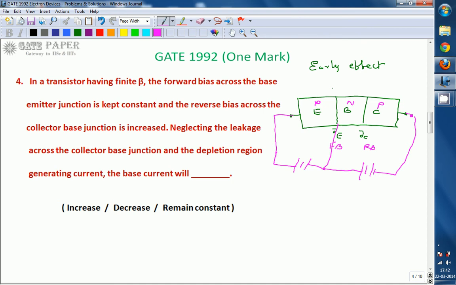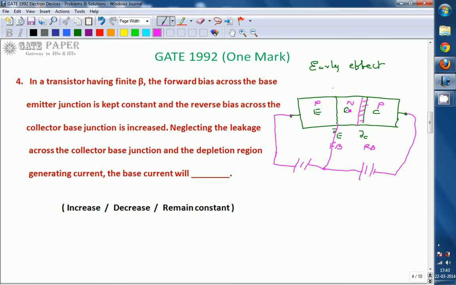If you look at the reverse biased collector base junction, the collector doping is very large compared to the base doping. Base is lightly doped, collector is heavily doped compared to base. So the potential barrier penetrates into the base side because of the applied reverse voltage. The potential barrier is very small on the collector side. We can neglect that in this diagram.